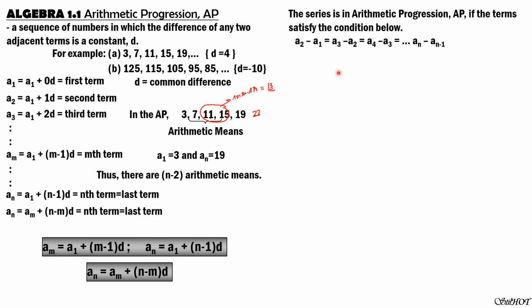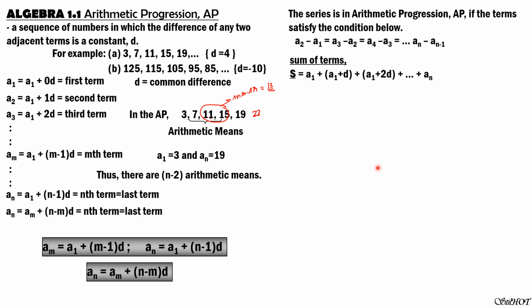So the sum is equal to the first term plus the second term, and so on and so forth. So first term plus second term is a1, plus d, plus third term a1 plus 2d, plus dot dot dot, plus the last term.